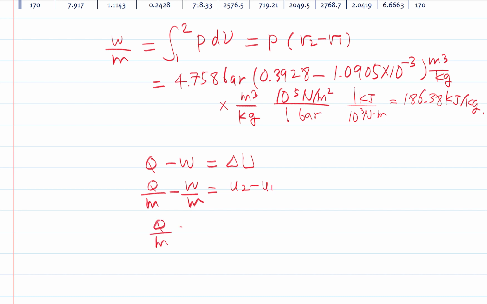So Q over m is work plus u2 minus u1. The only work associated with the process is boundary work. So P times v2 minus v1.